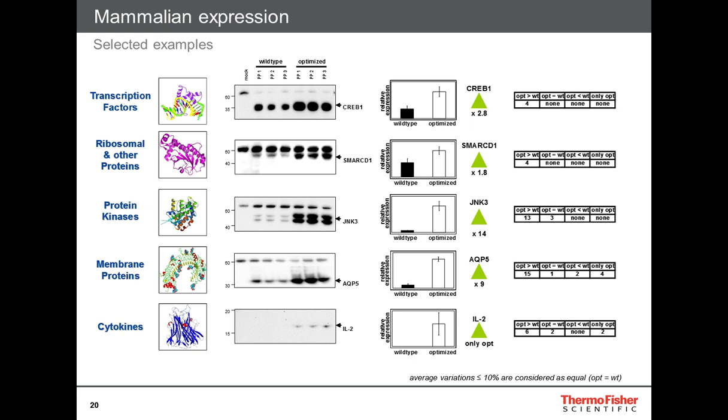The same is true for the ribosomal protein, for protein kinases, for membrane proteins, for cytokines. On the top row, IL-2, we actually did not detect any expression when we transfected the wild-type cDNA, but with the optimized, we got a faint band. So in that case, it's from zero to something.